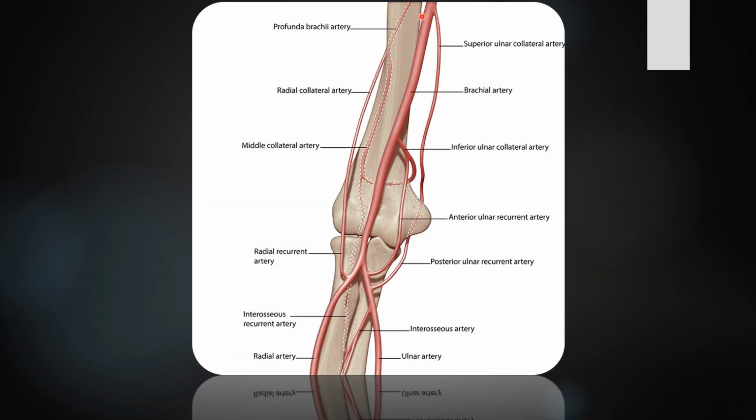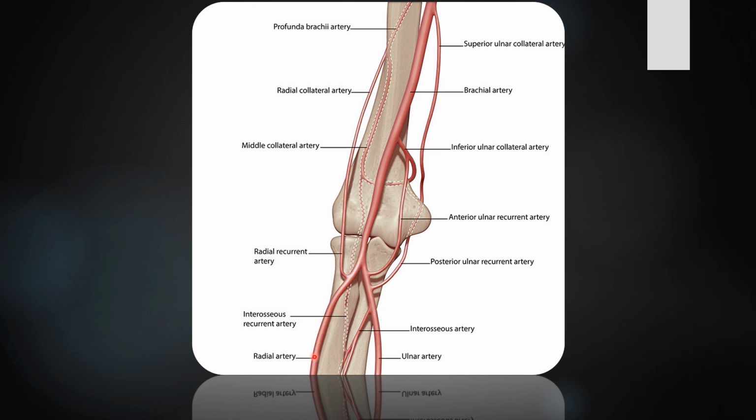Now this axillary artery continues as the brachial artery below the level of the lower border of teres major. So this is the brachial artery. It terminates at the level of the neck of the radius. This is the radius bone, this is the head of the radius, and this is the neck of the radius. At the level of the neck of the radius, it terminates as the radial artery and the ulnar artery.